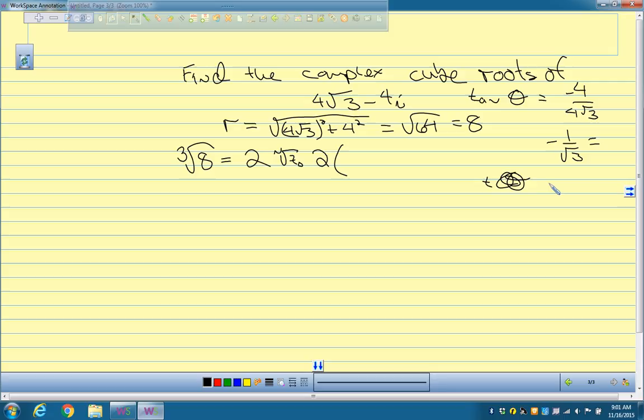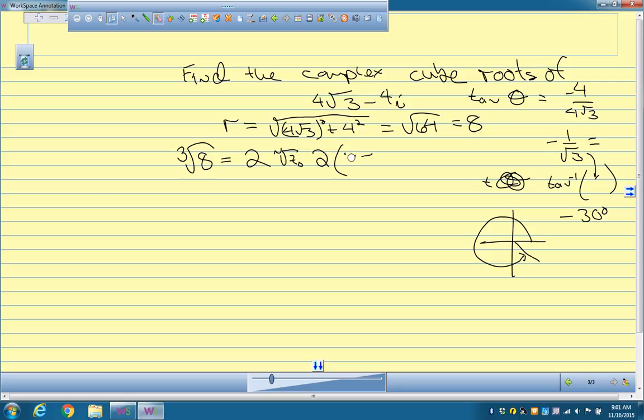If I took the inverse tangent of this, I would get negative 30 degrees. Which means that theta, since I'm in this quadrant, is what? What's that angle right there? 330 degrees.